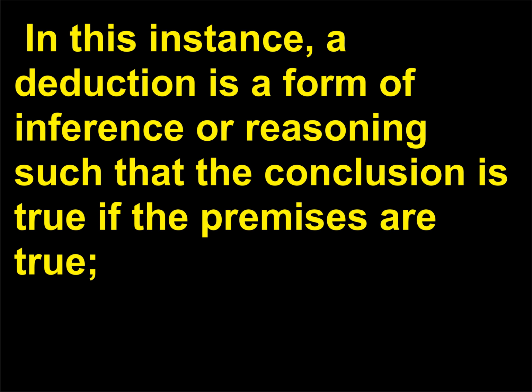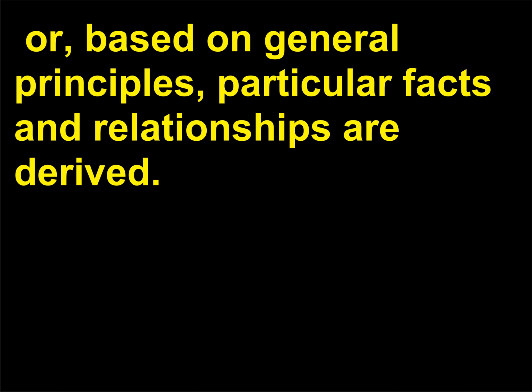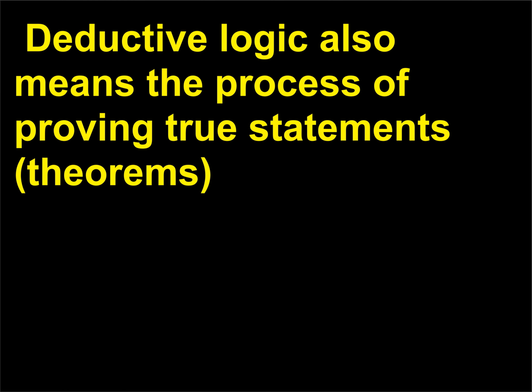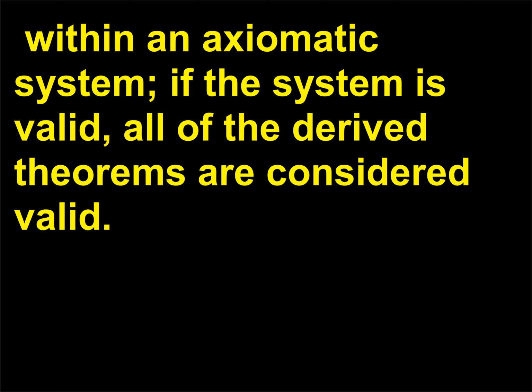In this instance, a deduction is a form of inference or reasoning such that the conclusion is true if the premises are true. Or, based on general principles, particular facts and relationships are derived. Deductive logic also means the process of proving true statements, theorems. Within an axiomatic system, if the system is valid, all of the derived theorems are considered valid.